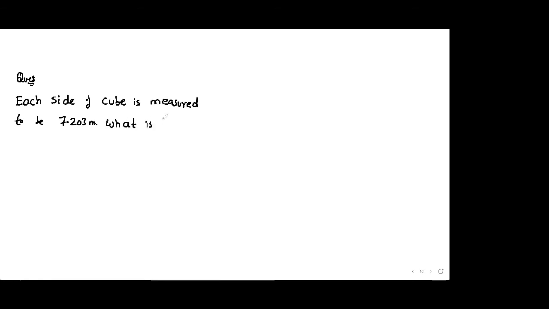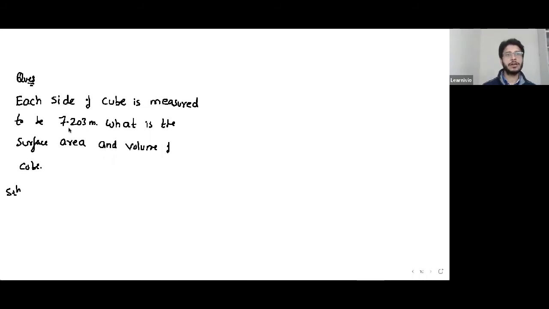What is the surface area and volume of the cube? Solve it. Each side of the cube is 7.203. L is 7.203 meter. I need the surface area.